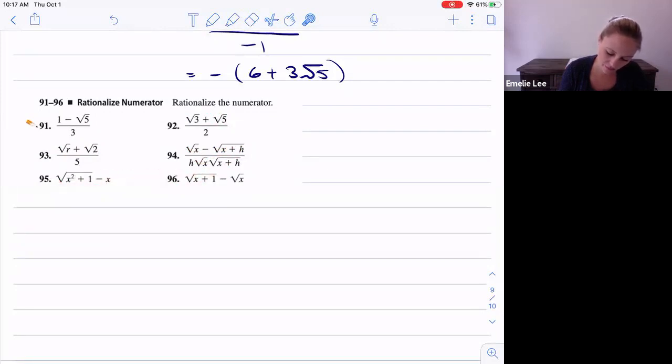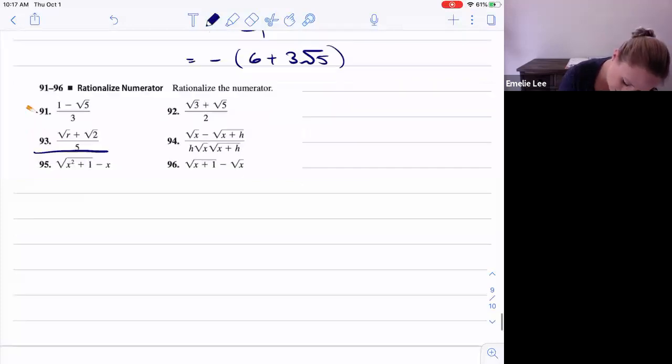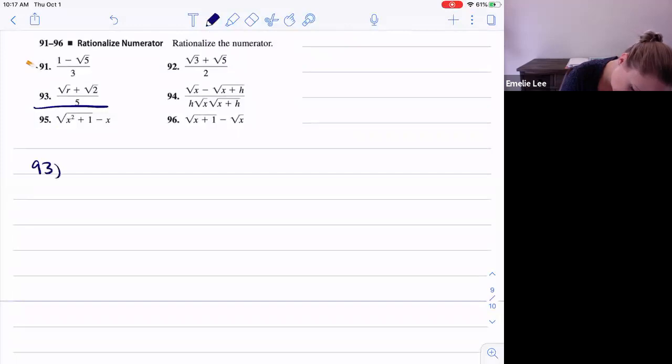How about we use the r? So the root of r plus the root of 2, and then times 5. So let's do 93. Got the root of r plus the root of 2 over 5.